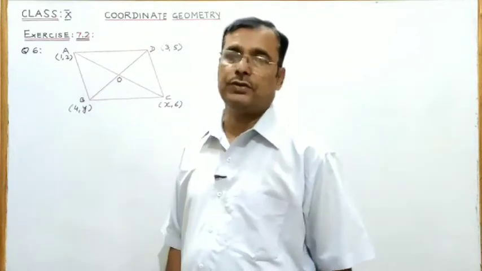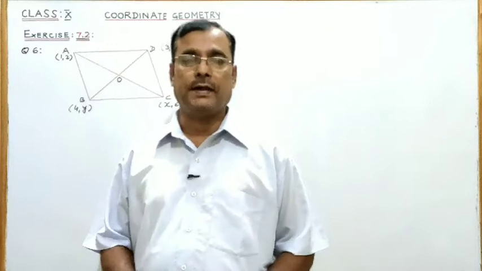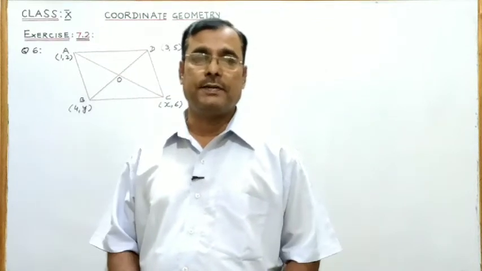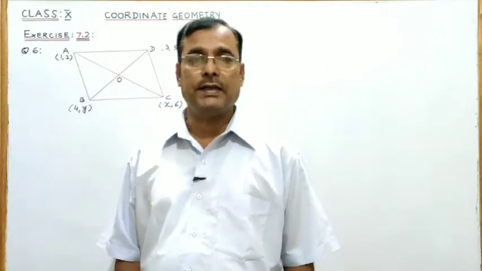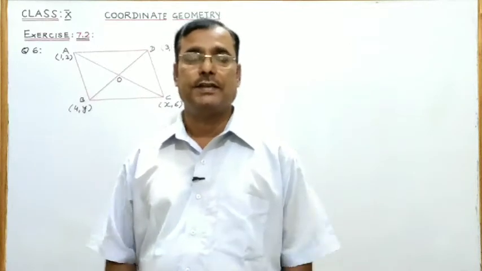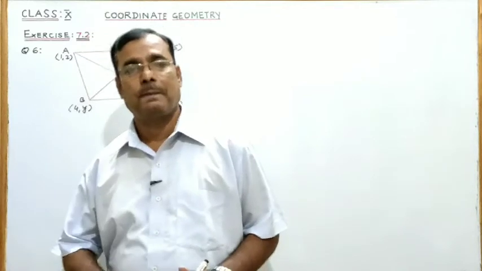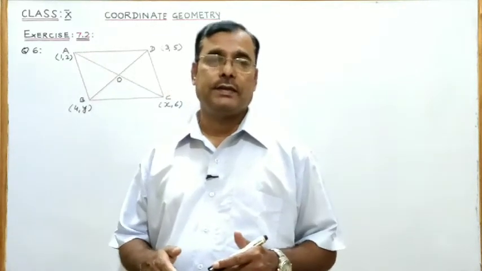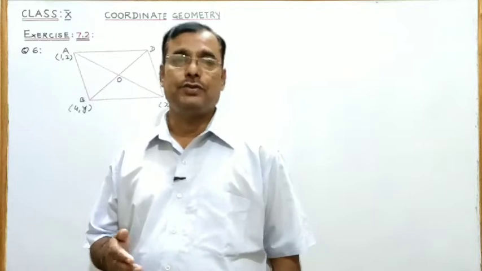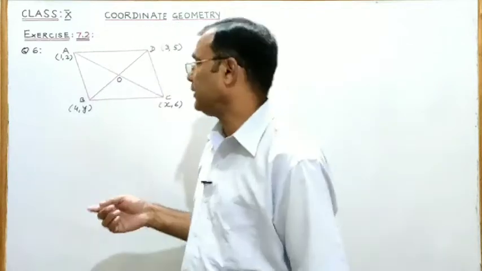So here we are going to use a property of parallelogram. Diagonals of a parallelogram bisect each other. That means both the diagonals divide each other into two equal parts.